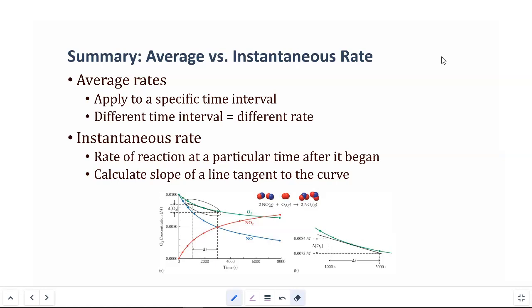And the slope of that tangent line gives us that rate of change. And so we're going to end up focusing at the top of that curve because that's where the slope is going to be the greatest. That's where the rate of change is going to be the greatest, as opposed to later on in the curve because all curves eventually flatten out. And so the longer we wait to measure that tangent, the more alike every reaction is going to look.